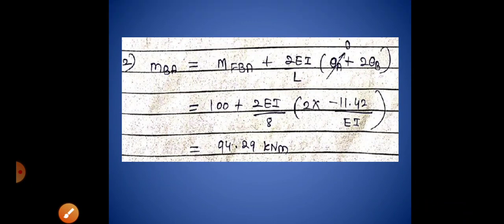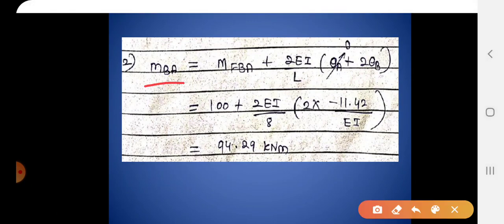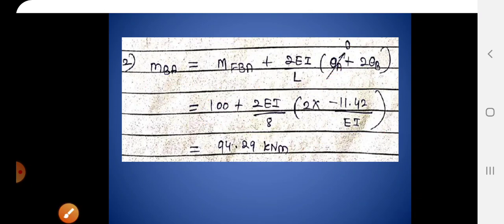Okay, so MBA is equal to MFBA plus 2EI by L into theta A plus 2 theta B. Again theta A is 0, A is a fixed support. MFBA is plus PL by 8 for the central point load, so plus 100 plus 2EI by L into the values, and you will have the value of the final moment MBA.